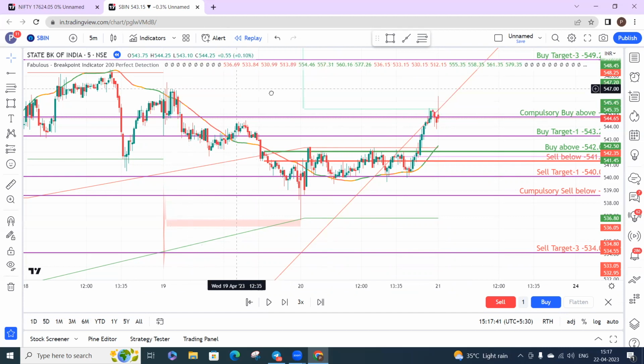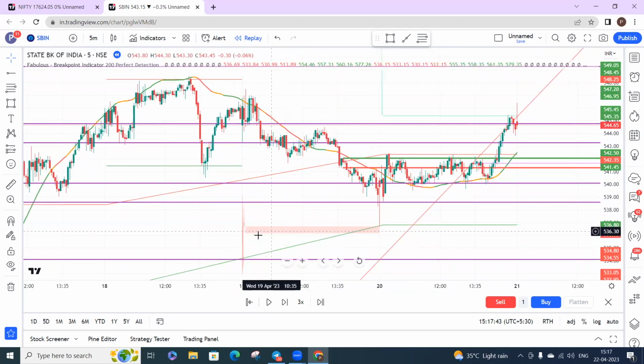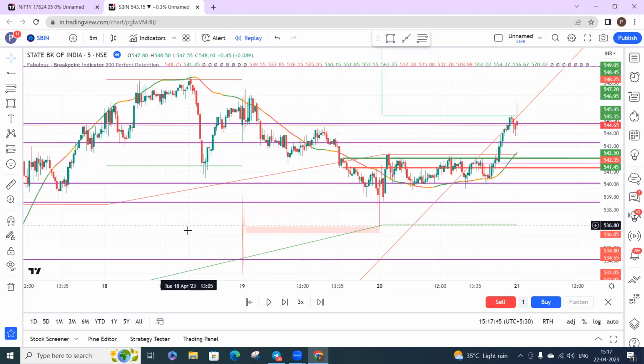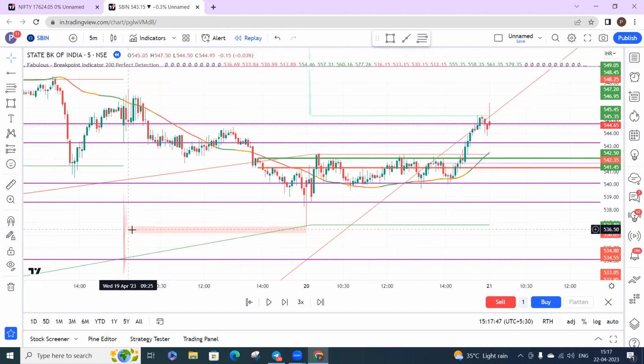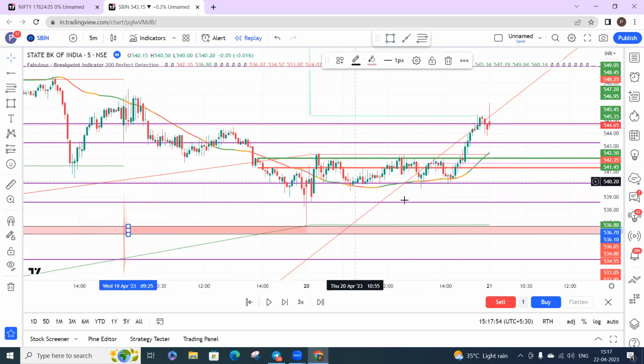And also, if you find a hidden support area from the previous day, let's say I have a previous day hidden support area, you can still use that hidden support area for today also. It took support from the same area. Getting it?